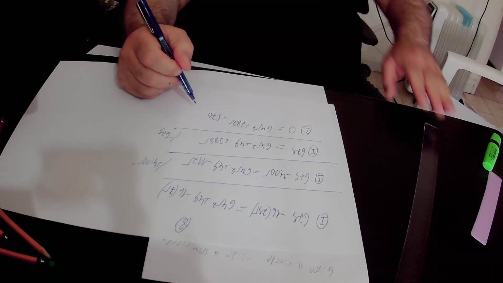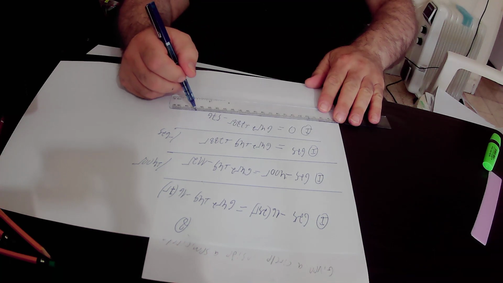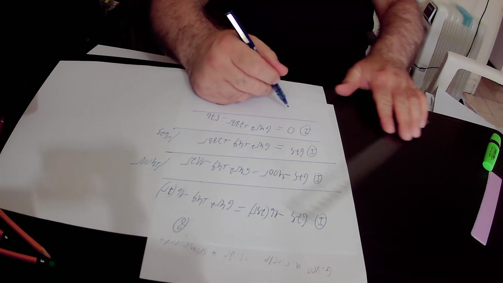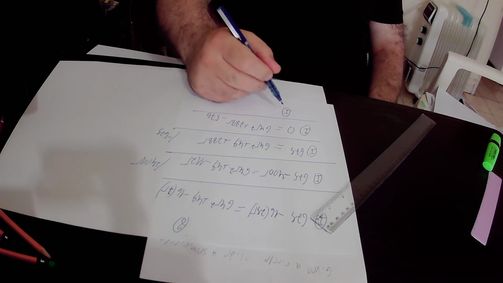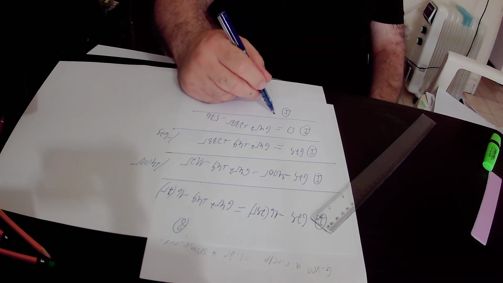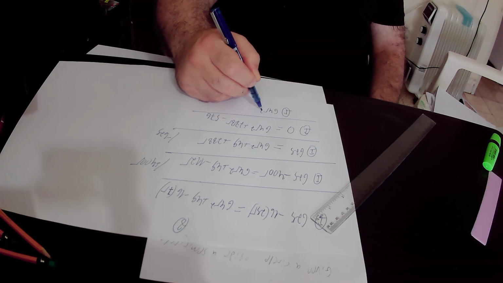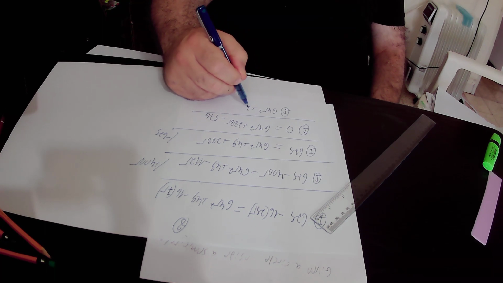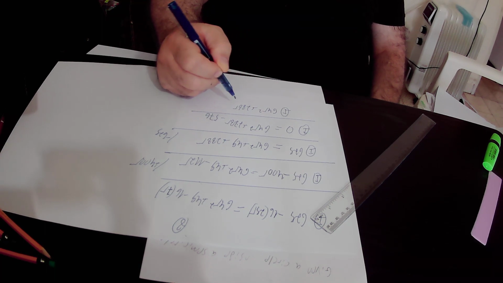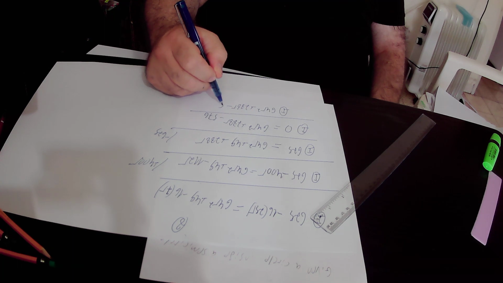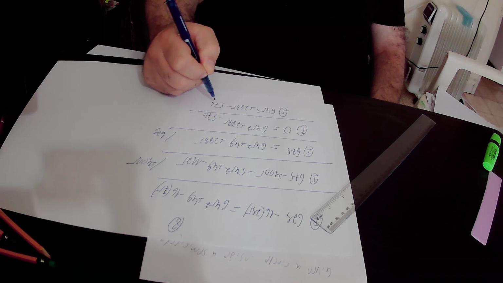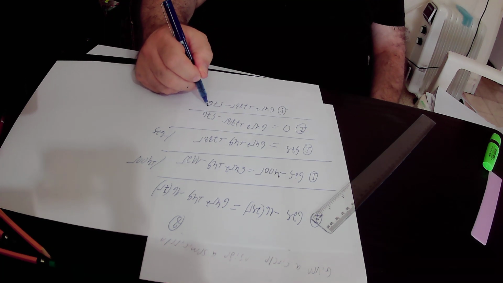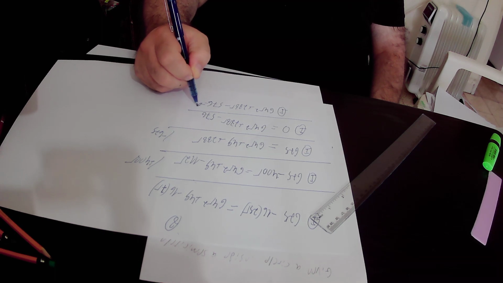So in conclusion, we got the quadratic equation according to equation number 1, 64r squared plus 288r minus 576 equals 0. This is the quadratic equation.